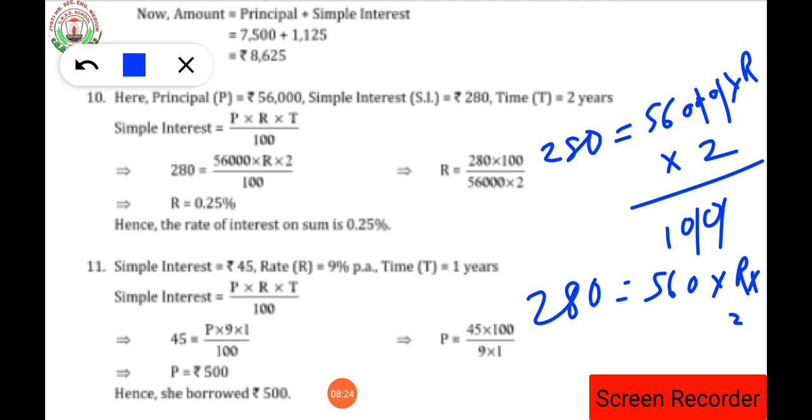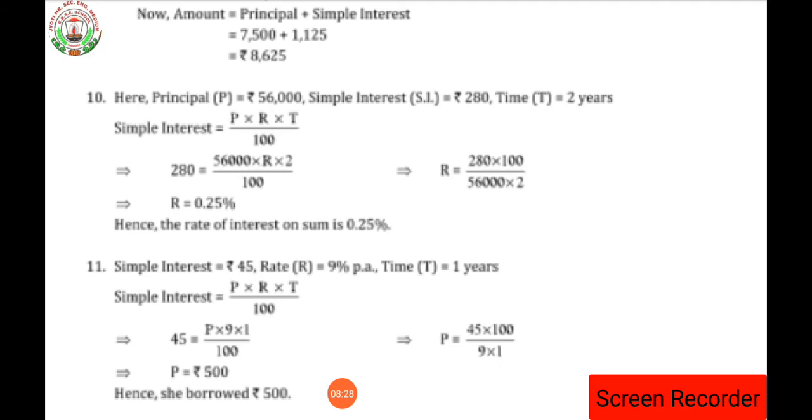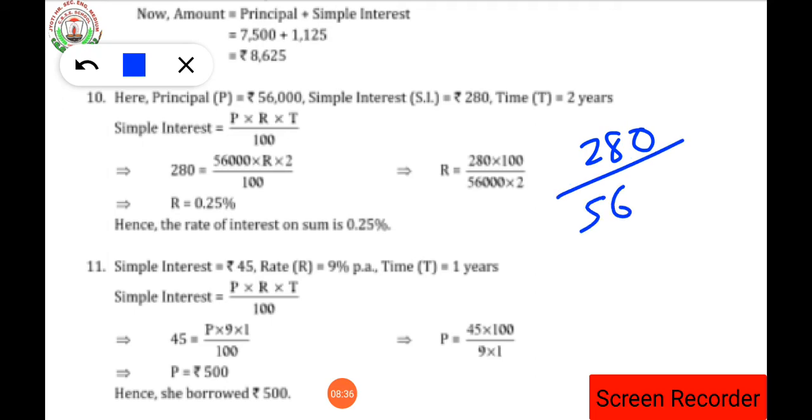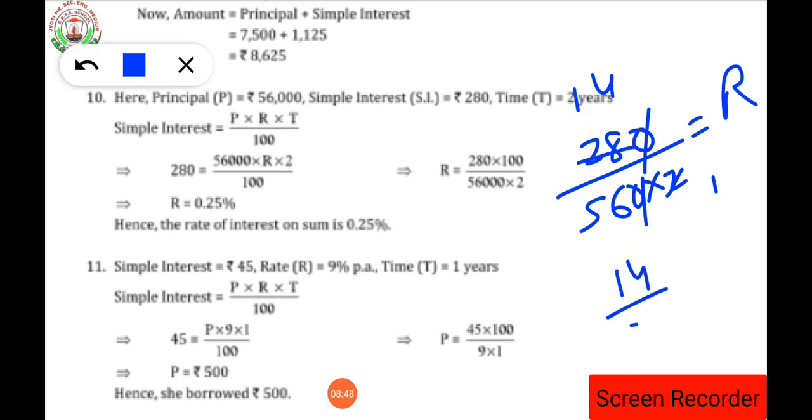Now this 2 goes into the denominator. That means 280 upon 560 into 2 is equal to R. Clear? Here again 0 will get cancelled. Now we can cancel it by the table of 2: 14 upon 56 is equal to R.